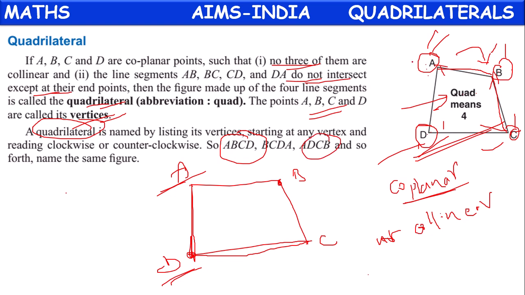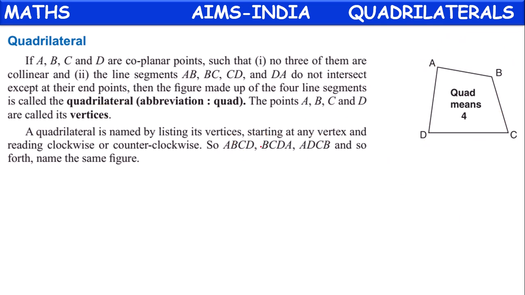There is no compulsion that we have to start from A. We can start from B, then BCDA or BADC. So we can name from any vertex, in any direction, either clockwise or anti-clockwise. But we have to name it with the help of vertices. So this is about a quadrilateral, children.